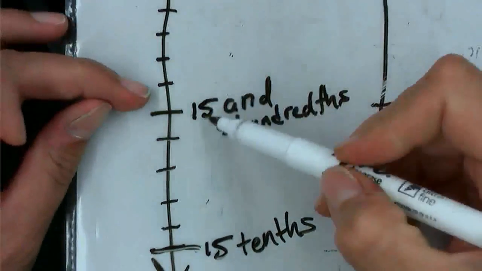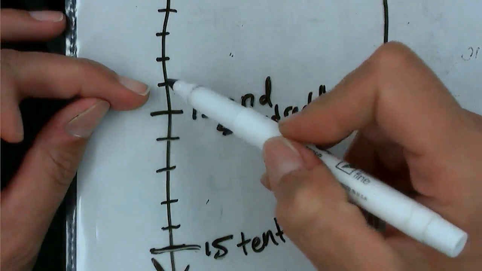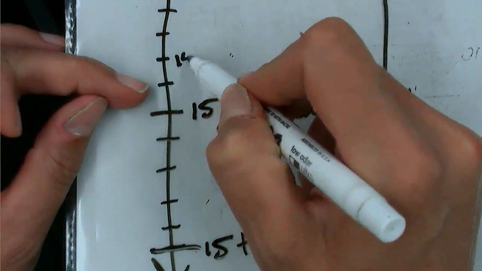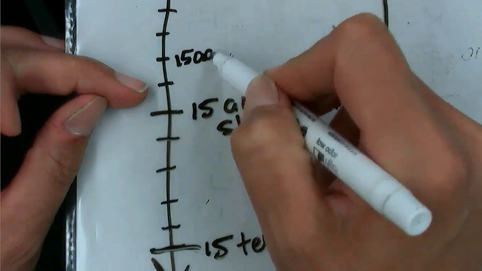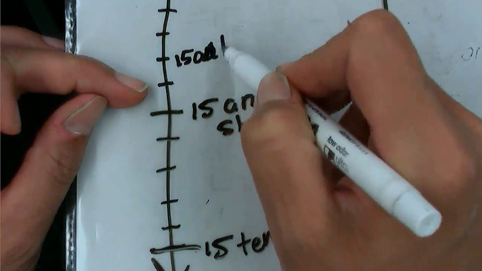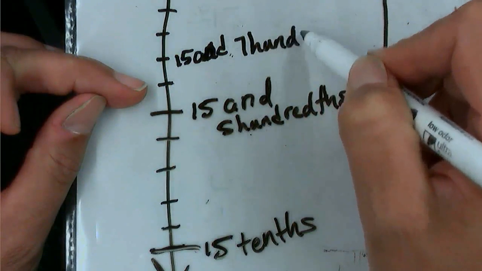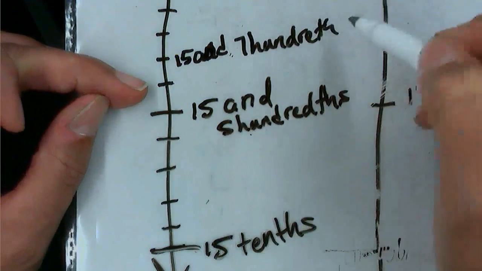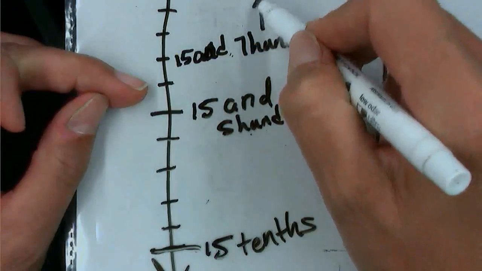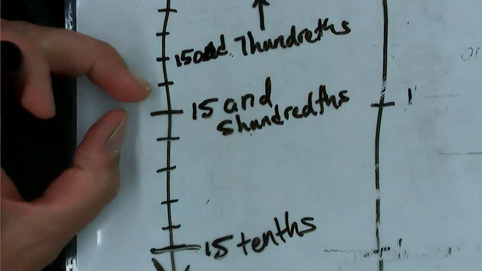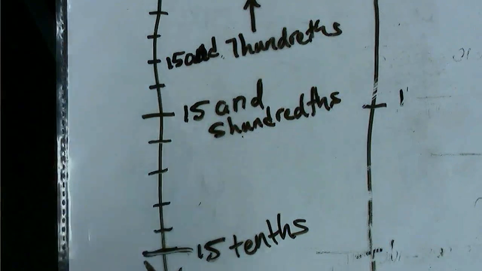So this is 5 hundredths right here, 6 hundredths, 7 hundredths. So 15 and 7 hundredths. So with that, we know that we are going to end up rounding up to 16 tenths in that case. So that's what they were asking us to take a look at.